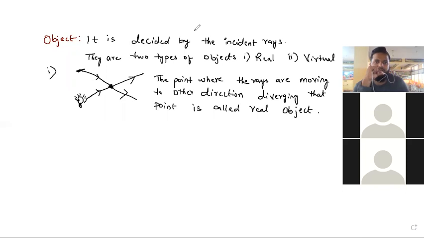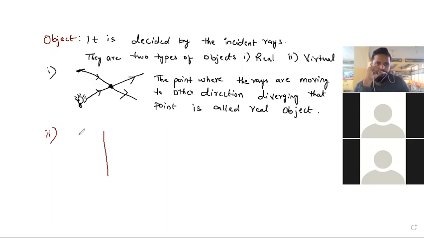Now the second one, virtual object. For that I have drawn a shape here. Suppose this is the mirror.